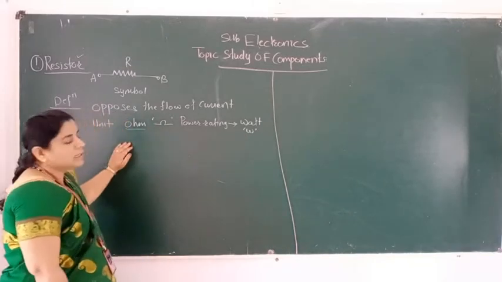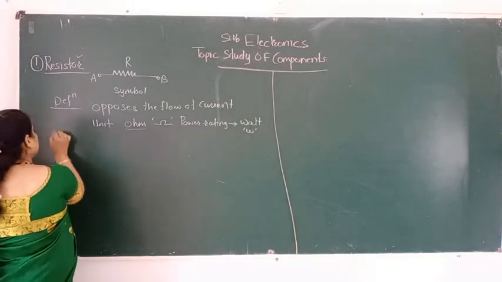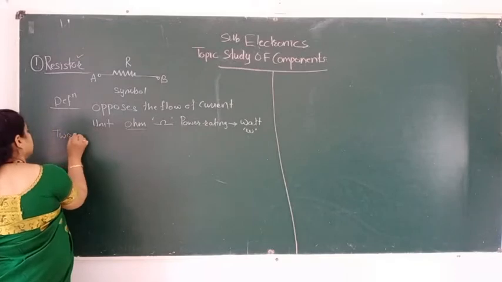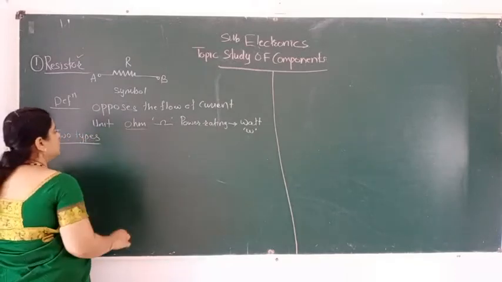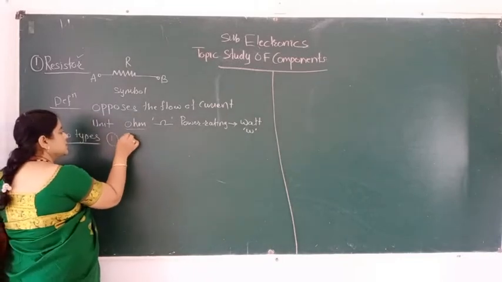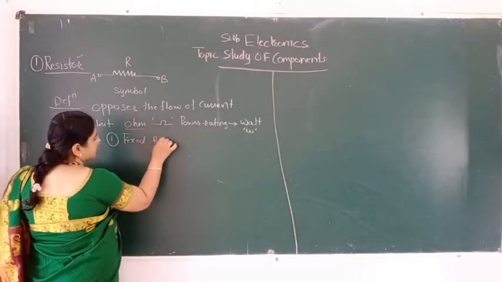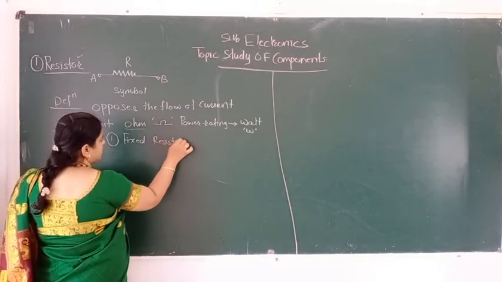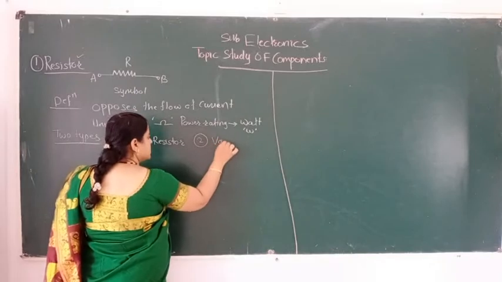Now you know the resistors are of 2 types. How many types? 2 types. First is fixed resistor, and second is variable resistor.